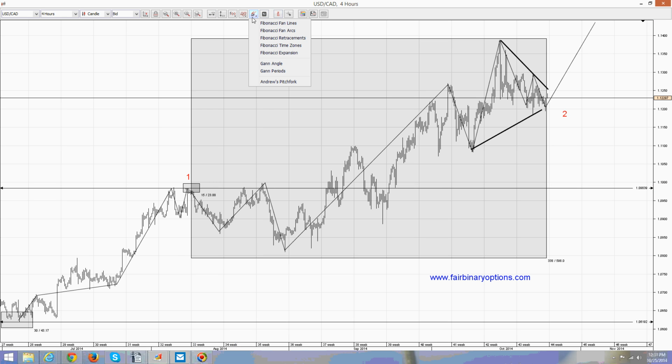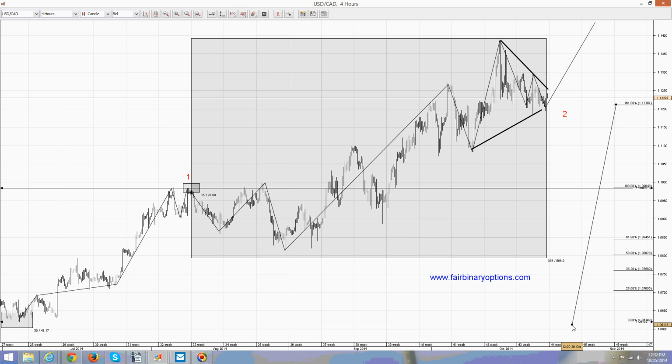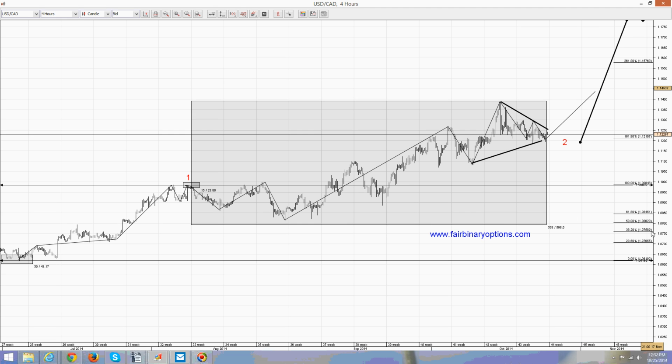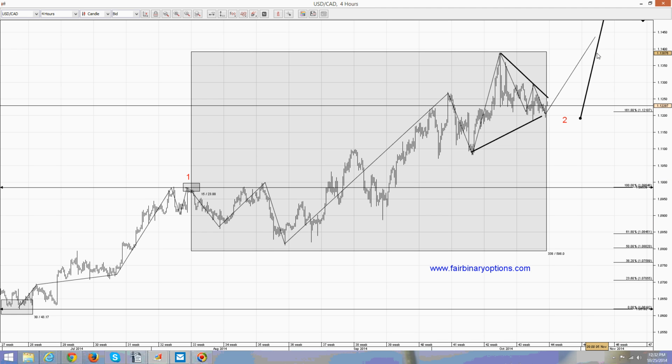We should take a Fibonacci, take the 161.8 and project this area at the moment that the triangle is completed, and normally that would be the target. Now if you look at the result, we're talking about a move above 1.17.